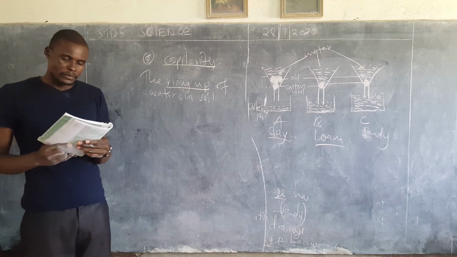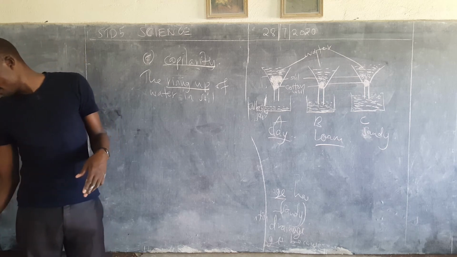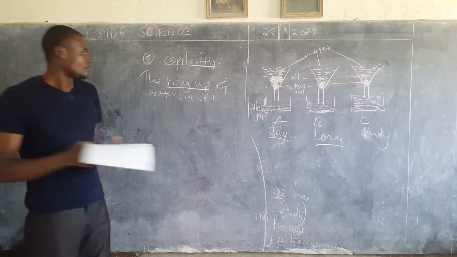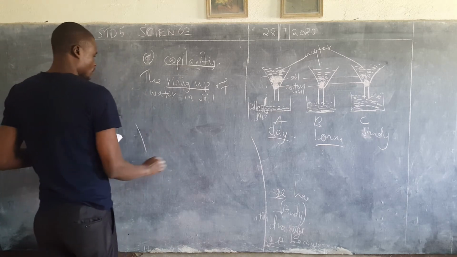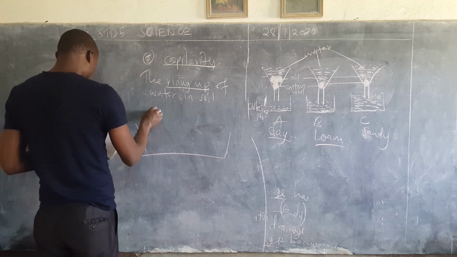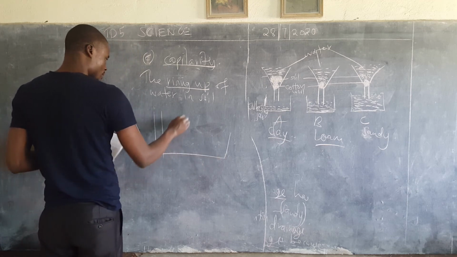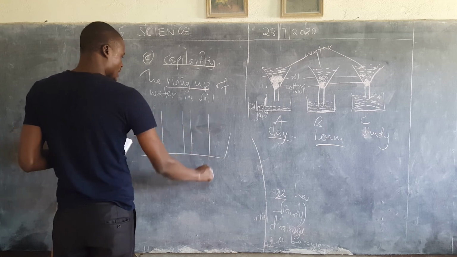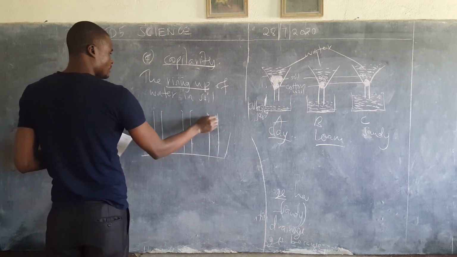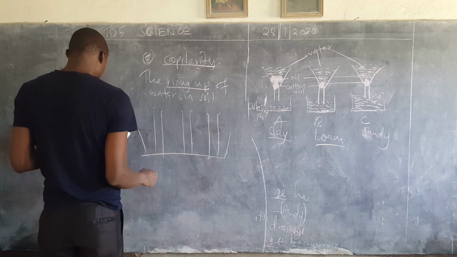So then you normally see a diagram like this. Let me show a small diagram here. Here we normally need a basin, just one basin, and then we have some cylinders of the same size. The cylinders should be of the same size. None of them should be bigger than the other.